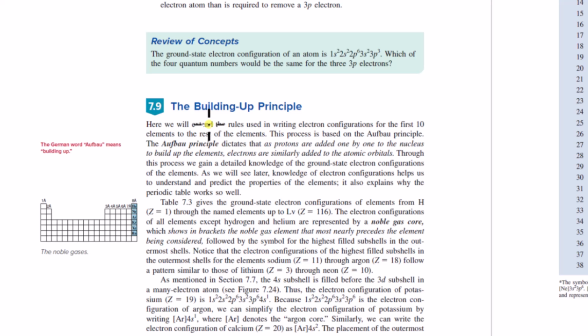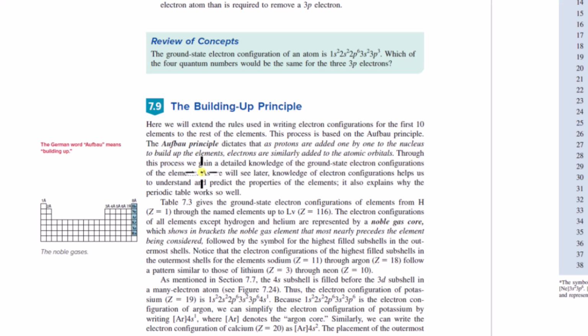Now we're going to go beyond that. Here we will extend the rules used in writing electron configurations for the first 10 elements to the rest of the elements. This process is based on the Aufbau principle. The Aufbau principle dictates that as protons are added one by one to the nucleus to build up the elements, electrons are similarly added to the atomic orbitals.